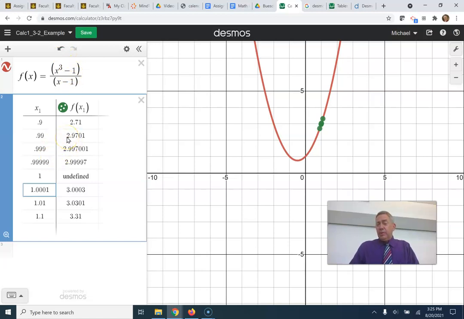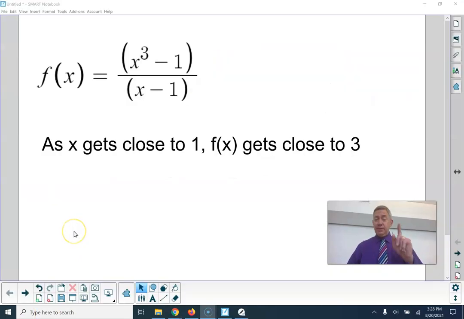There are also some ways to do it quickly on your TI calculator, and there's a video showing that from Ms. Cahill. But in any case, here is the way that you would write this. We're saying, as x gets close to 1, f of x gets close to 3. That's a very informal way to say it.